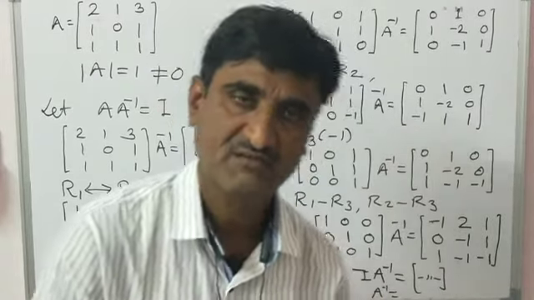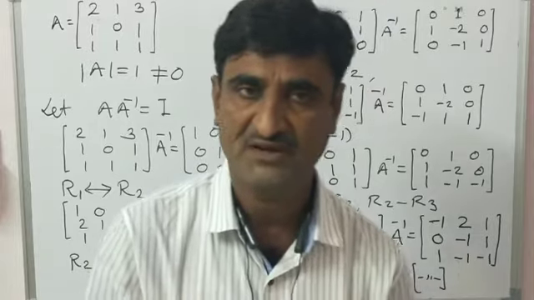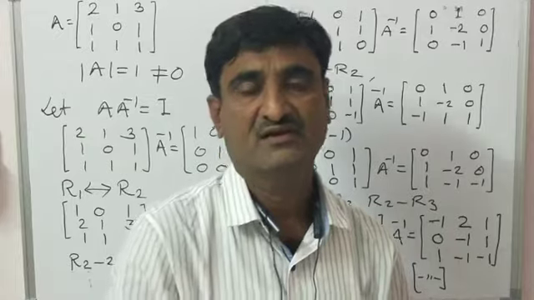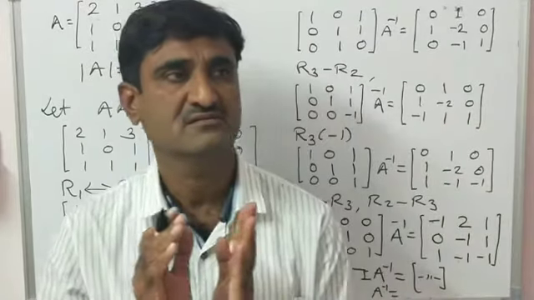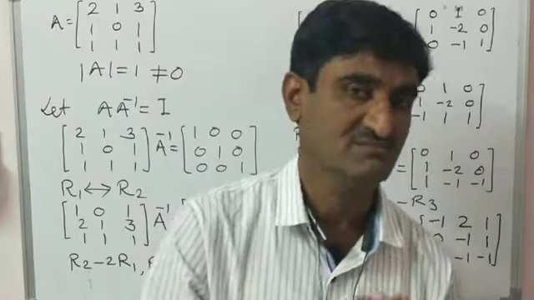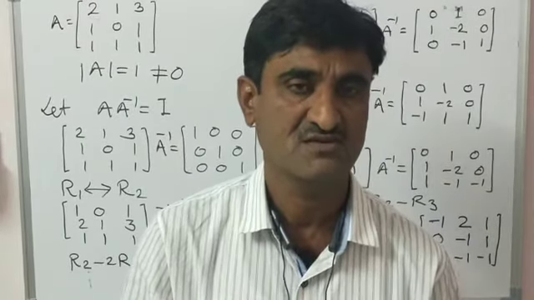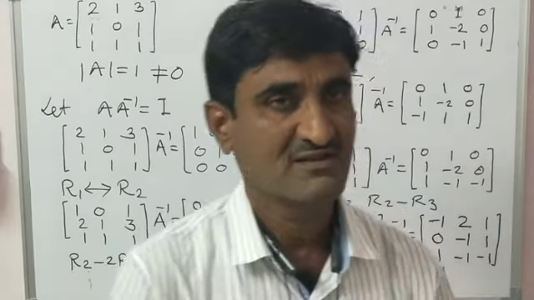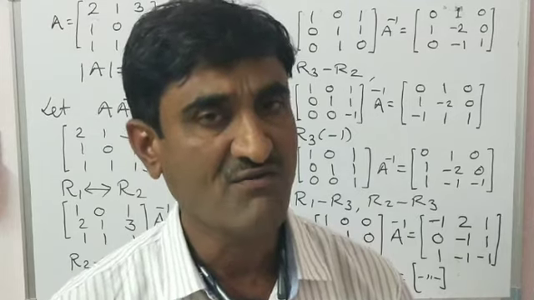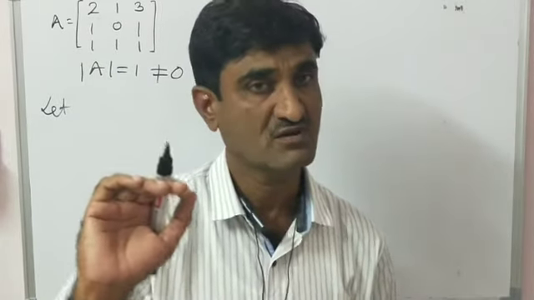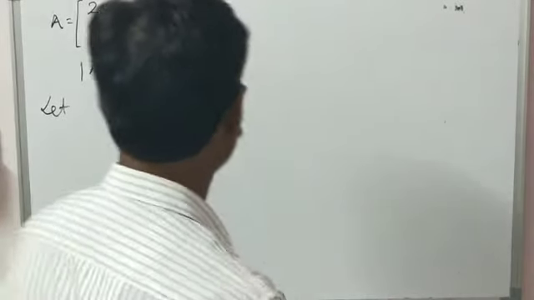In this way we find the inverse of a matrix by elementary row transformation. Similarly we can find the inverse by elementary column transformation also, with the same operation on columns. You try it yourself. When we use column transformation, consider the sequence as we did for rows.